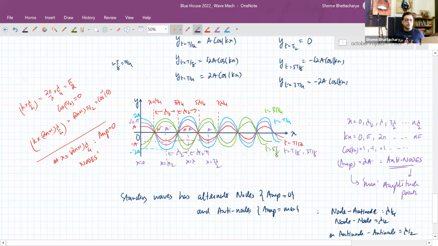So this is the important information to remember about the shape of a standing wave pattern.